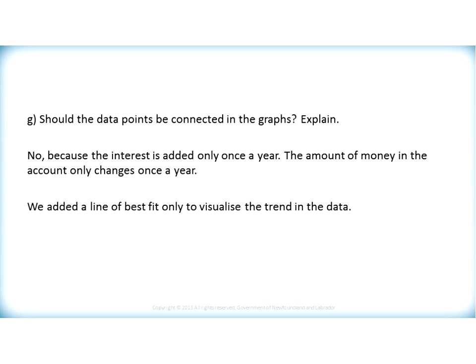It's on the 365th day, or 365 days later, that the amount of money in the account will change. It only changes once a year. And we did see lines connecting or attempting to connect the data, but we only did that to visualize the trend. It's not actually necessary to be there, and in fact it shouldn't be in general. Whenever we have data that changes only at certain times, we will not connect the data.